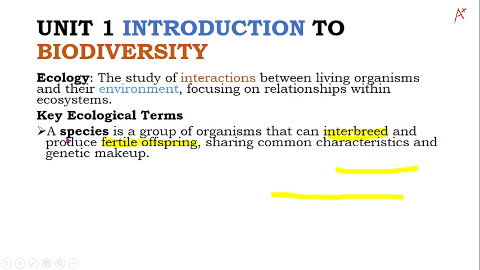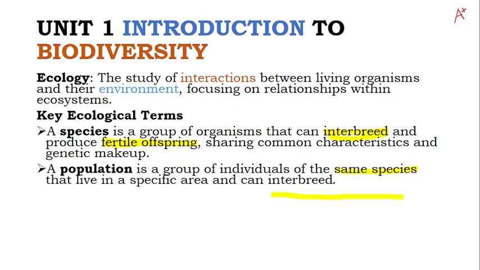So organisms are called species once they can interbreed and produce fertile offspring. They should also share common characteristics and genetic makeup, meaning they should have the same ancestors, and their genetic makeup should be shared in common.